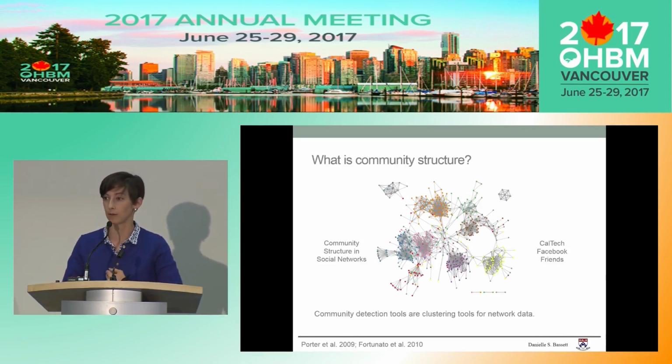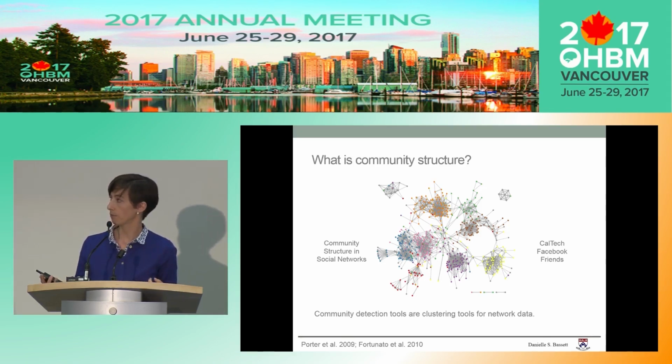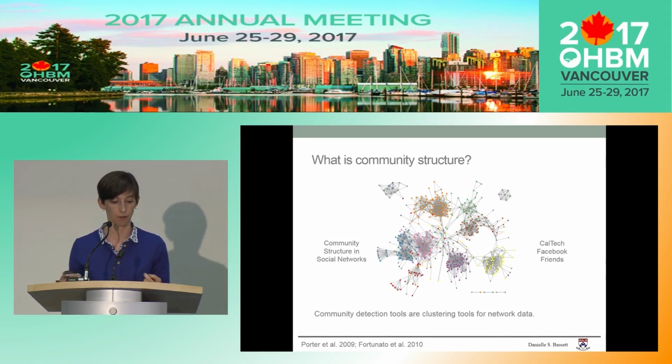So first, what is community structure? Community structure is the technical term in network science for clustering or modular organization in a graph. An illustration of that is given here, where you see a network of Caltech Facebook friends. Every dot is a person at Caltech. They're connected if they're friends on Facebook.